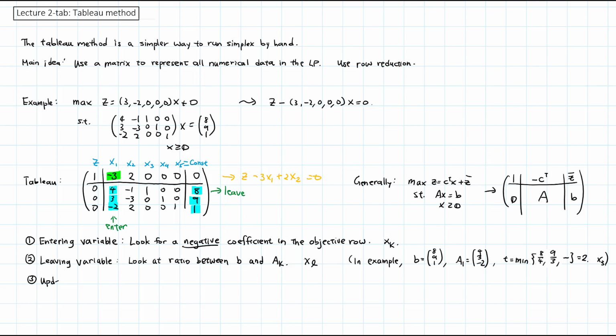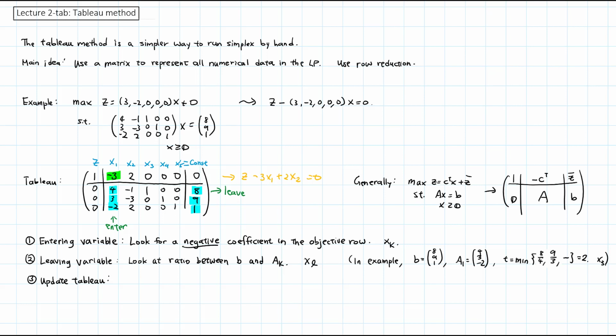The next step is updating the tableau. Normally in simplex, once we have picked the entering and leaving variables, we would find the canonical form for our new basis, meaning the columns of the basis will form an identity and their coefficients in the objective row are 0. Now in tableau form, all but one of the columns are already in identity form.